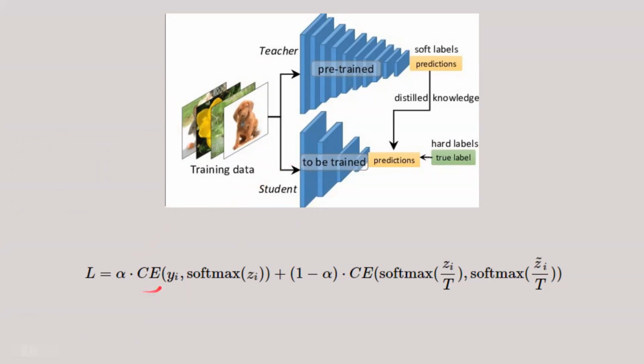So the first term is a cross entropy loss. This is for the student model, where we essentially just want to maximize the probability of the ground truth given these hard labels, which is just the standard case. Now, the second term is where we want to use softmax with temperature to match the predictions of the student network to the predictions of the teacher network, but now with the soft labels.